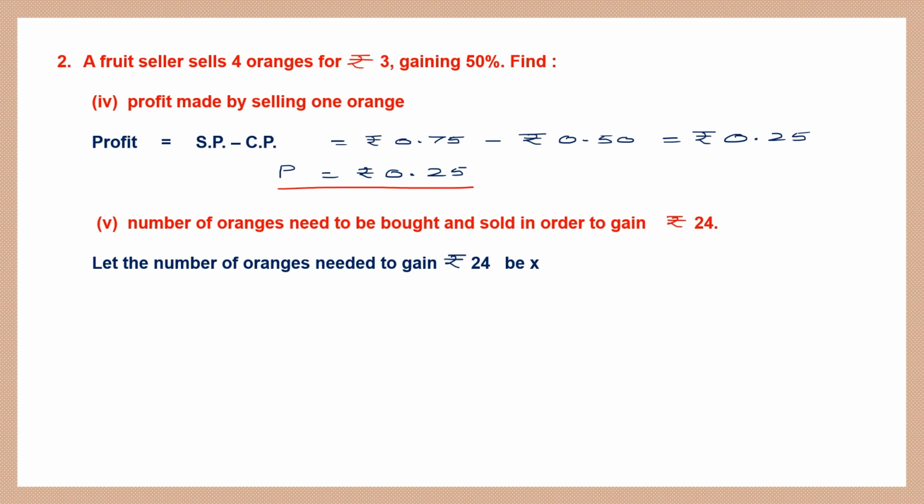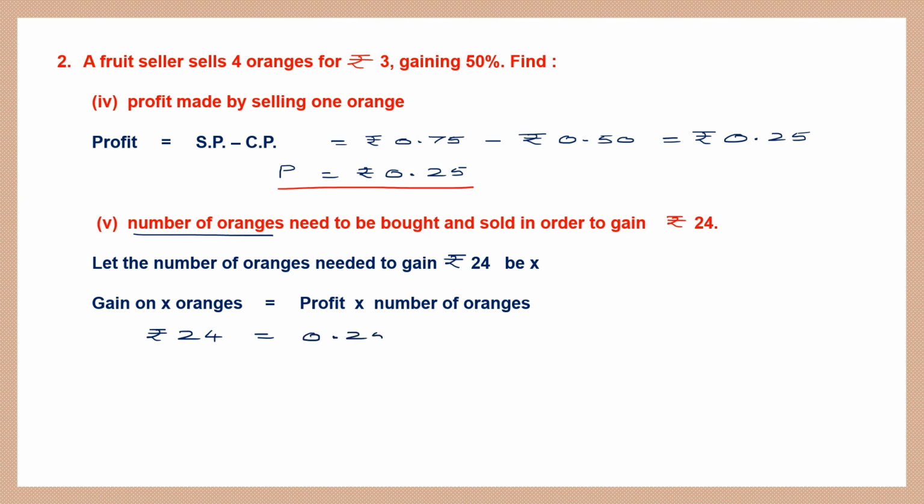Then the gain on x oranges we know is 24 rupees. To find that, we say profit into number of oranges, and profit is 0.25 into number of oranges x. Now we have to solve for x to find the number of oranges.